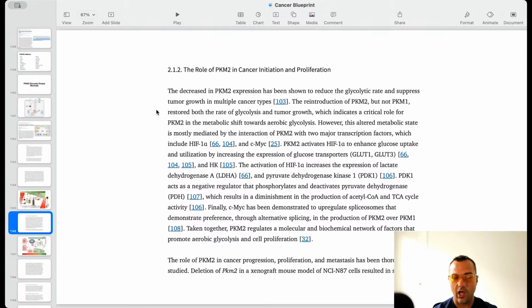The activation of hypoxia-inducible factor 1 alpha increases the expression of lactate dehydrogenase A and pyruvate dehydrogenase kinase. Pyruvate dehydrogenase kinase, or PDK1, acts as a negative regulator that phosphorylates and deactivates pyruvate dehydrogenase, which results in the diminishment of acetyl-CoA production and TCA cycle activity.